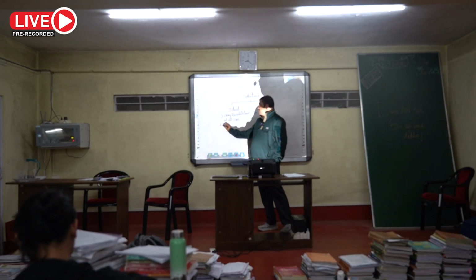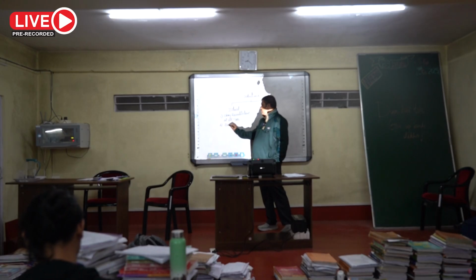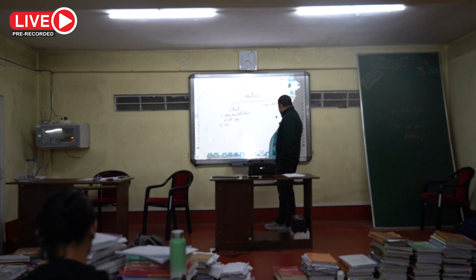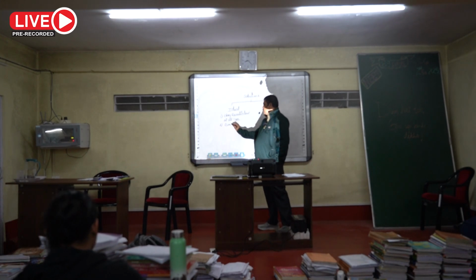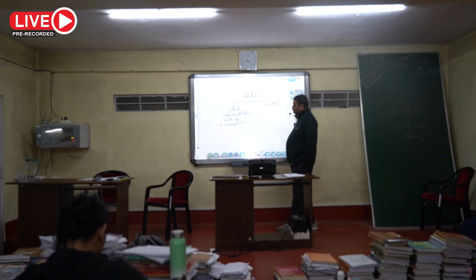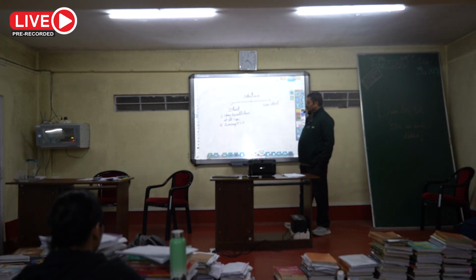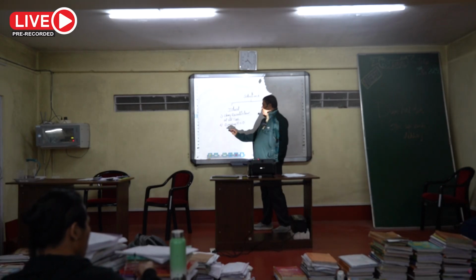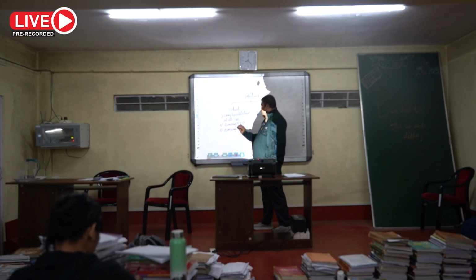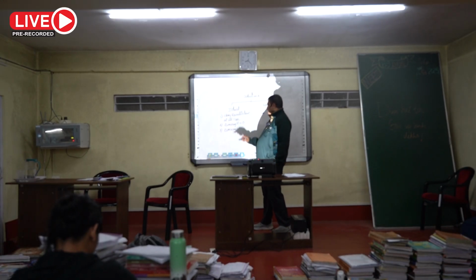Now delta H mixing is equal to 0. Or you can also write delta mixing H, which is how the NCERT represents it. Delta mixing V is also 0.